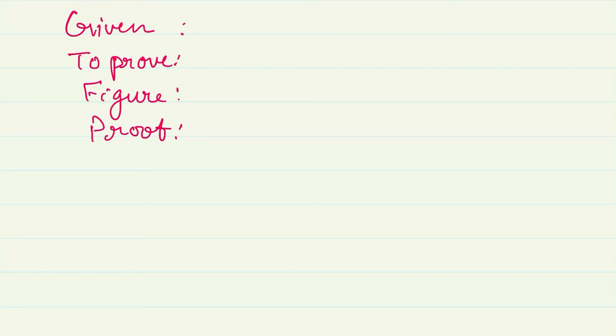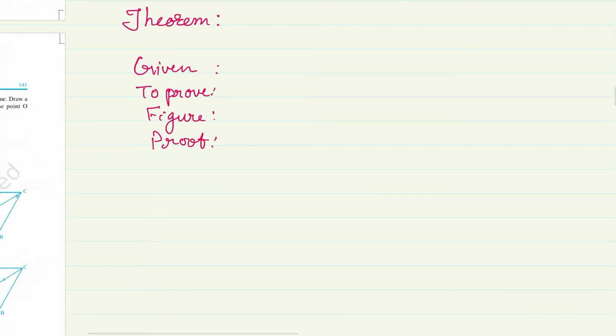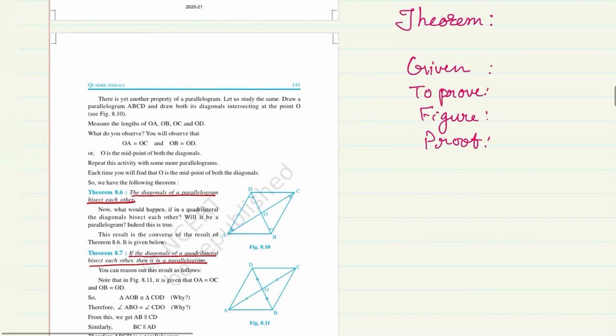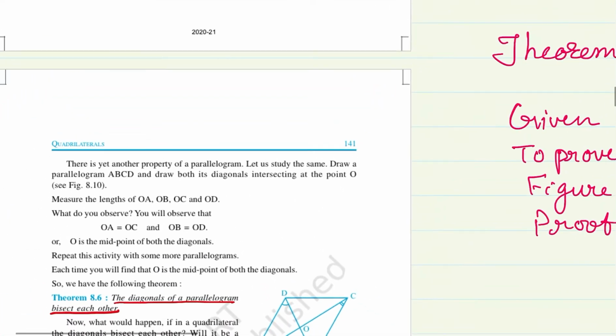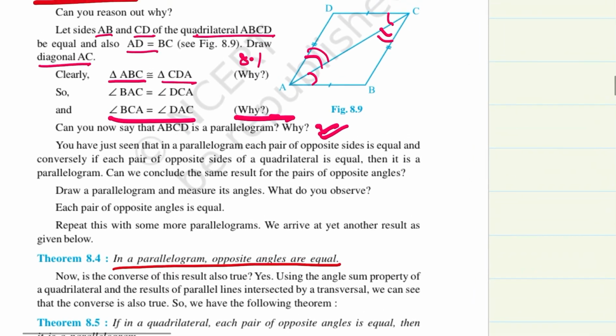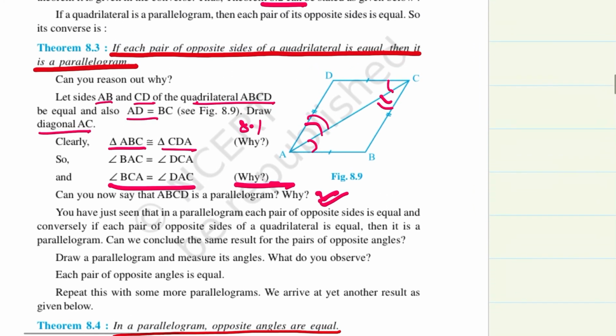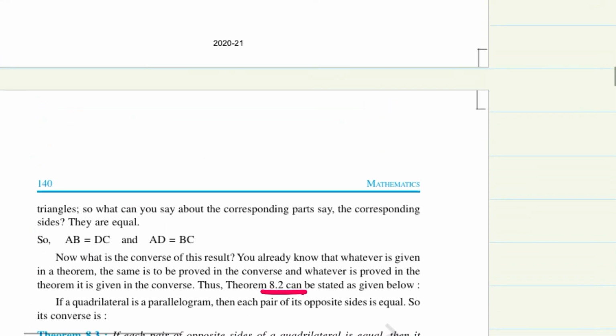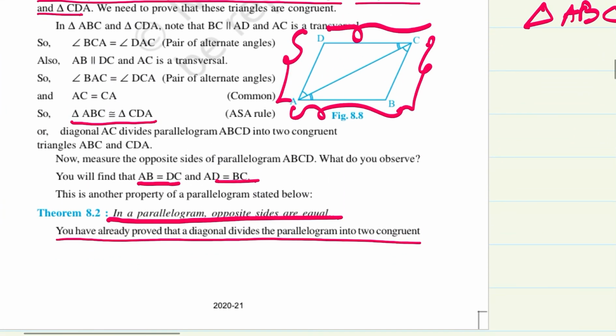This is how you write the theorem of any given concept. So, will you be able to write these theorems? Here, you can see what is given to you, what is to be proved, and what is the proof of the given theorem, as seen here.